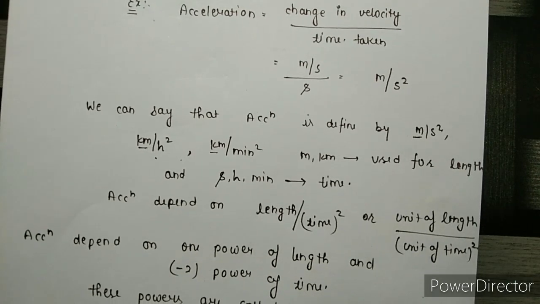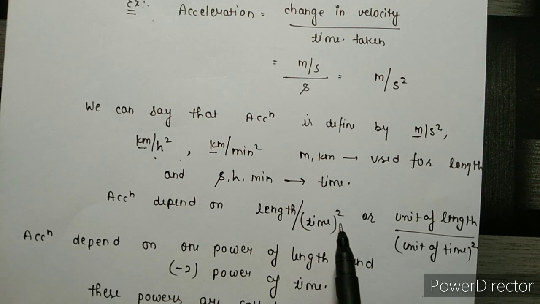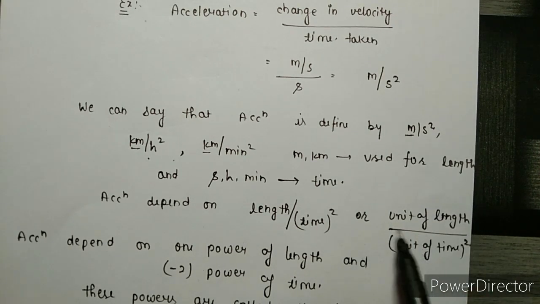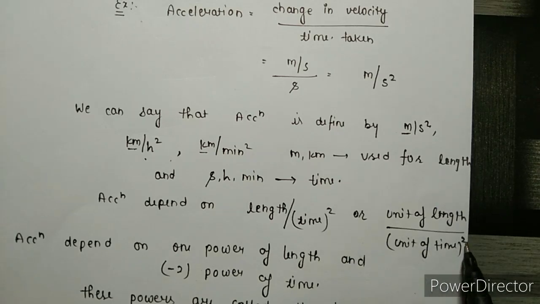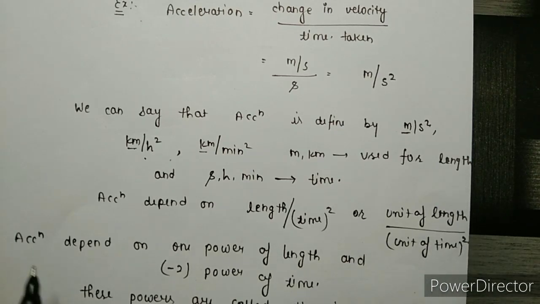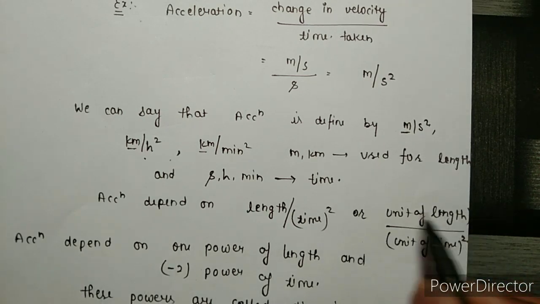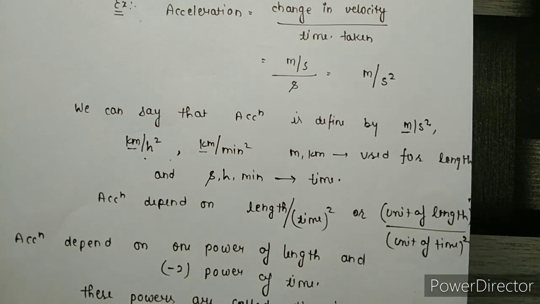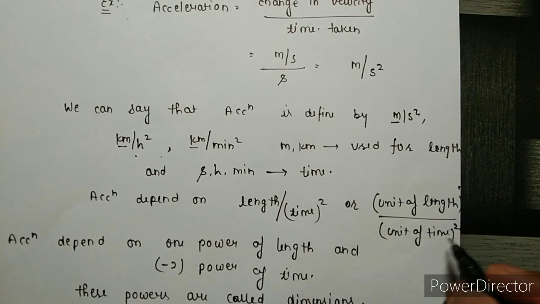In general, acceleration depends on length per time square, or the unit of length upon unit of time square. Or in general, acceleration depends on 1 power of length and minus 2 power of time, because when we take it up from the denominator, the power becomes minus 2.